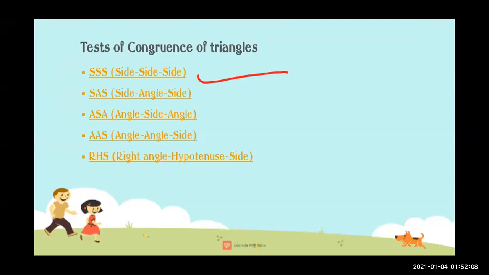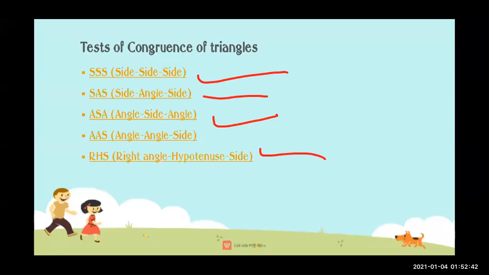Second is side angle side, that is SAS. Third is angle side angle, that is ASA. Fourth one is angle angle side, that is AAS. And the last is right angle hypotenuse side. We can call that the right angle side test, or the hypotenuse side test also.